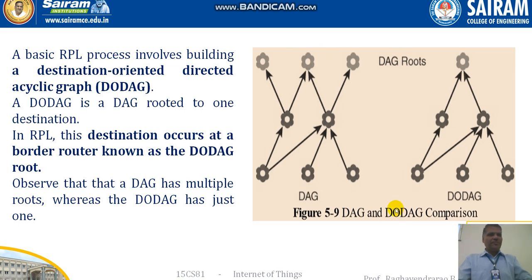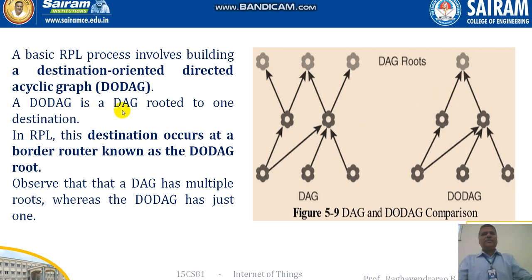But in case of a destination oriented directed acyclic graph, there are n number of inputs, that is the sources, but the node they reach, the destination node, is only one. See here, in the DAG it goes to here and here, so destinations are more. In case of DODAG, only one.